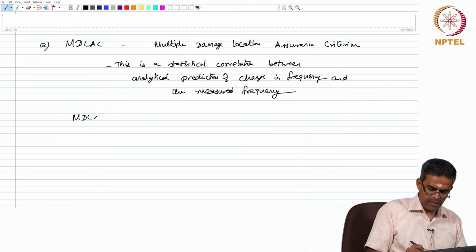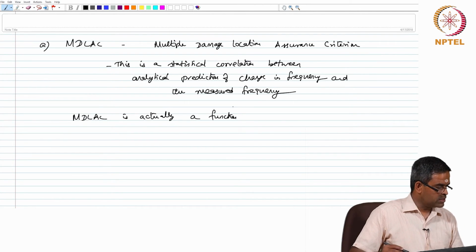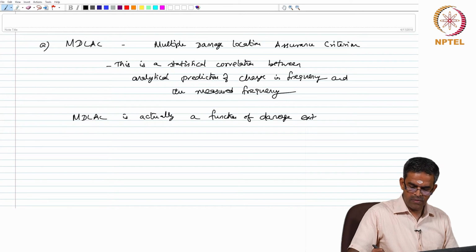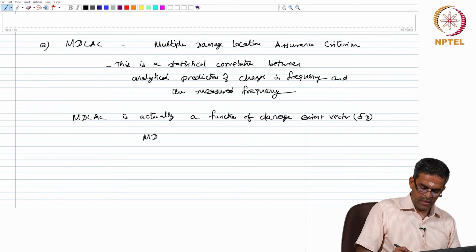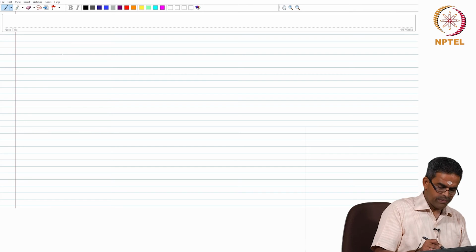MDLAC is actually a function of damage extent vector, that is delta D. So, MDLAC is a function of delta D.